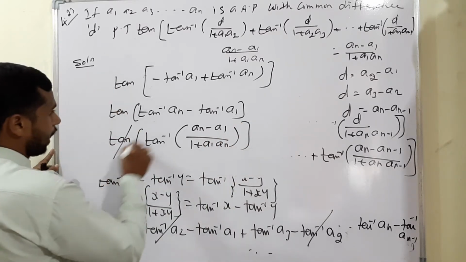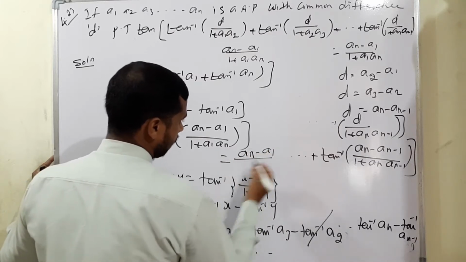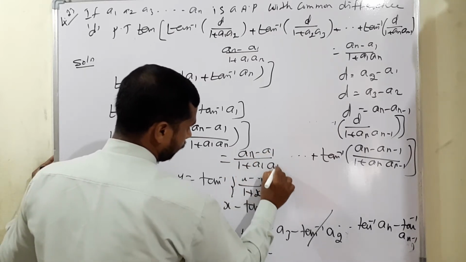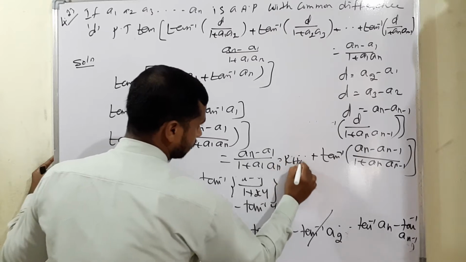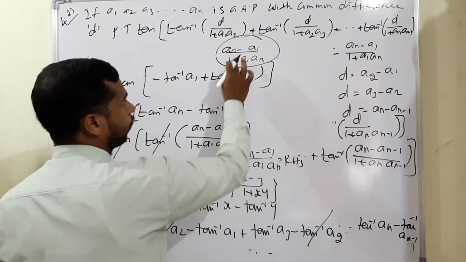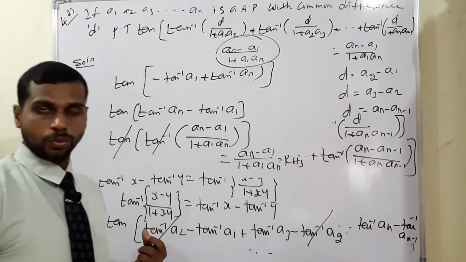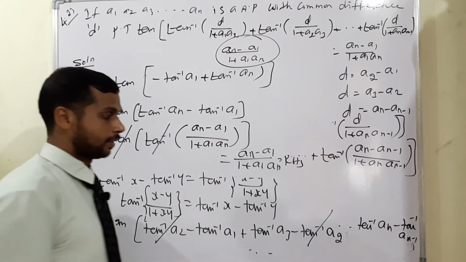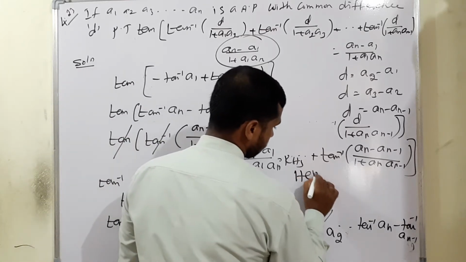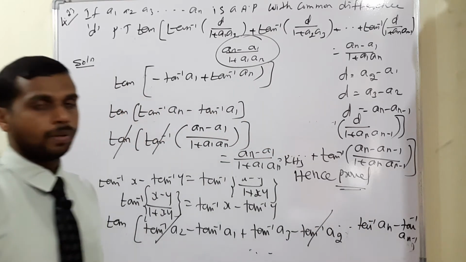So the tan inverse cancels, balancing an minus a1 over 1 plus a1 into an. This is our RHS. Look at it: what is the RHS term? an minus a1 over 1 plus a1 into an. Therefore, starting with the LHS term we proved the RHS. Hence proved. One of the important 5-mark questions, but easy.